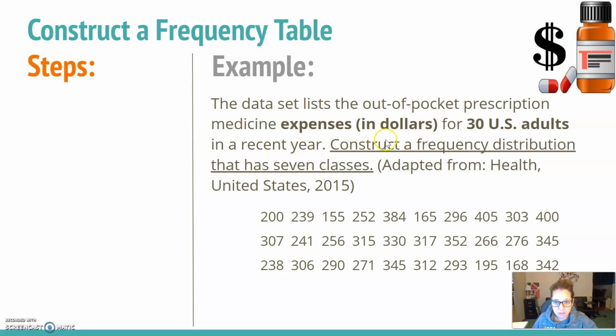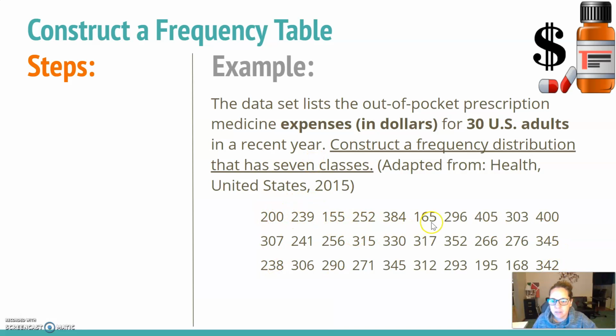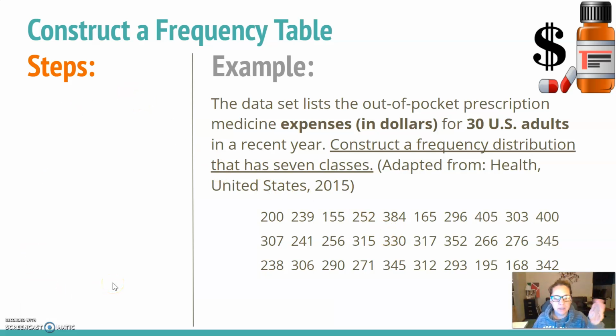And then they're asking us to construct a frequency distribution that has 7 classes. So here's all the answers. So somebody spent $200, somebody else spent $296. So they all spent different amounts of money, and there are 30 people that they asked. So over on the left side, I'm going to tell you the different steps that you need to do, and then we're going to do that on the right side to this data.